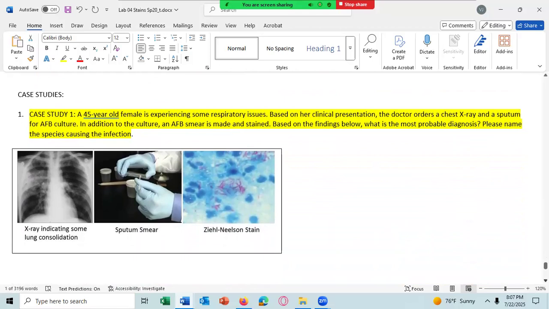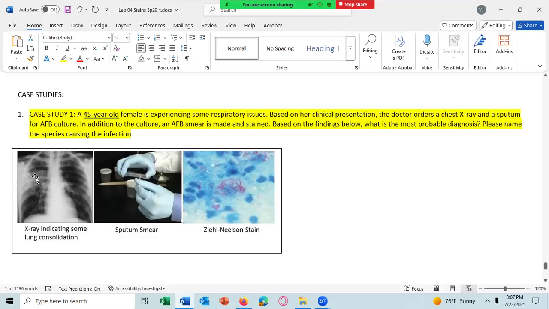In this lab, we also have 2 case studies. We have in case study 1, a 45-year-old female experiencing respiratory issues. Based on her clinical presentation shown here, the doctor orders an X-ray, and this X-ray is not normal. Normally, the lungs are very black like that, and this region shows something going on in her lungs.